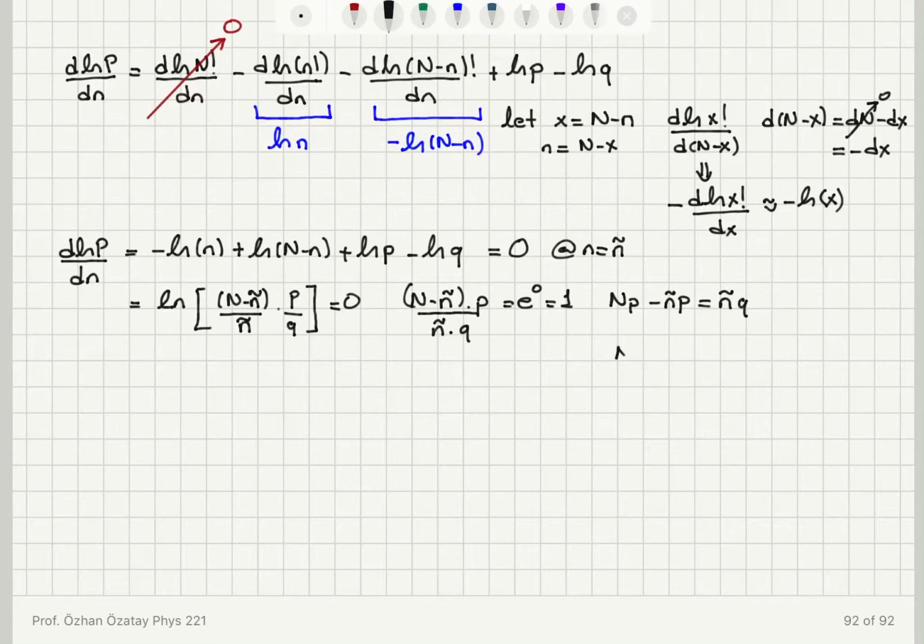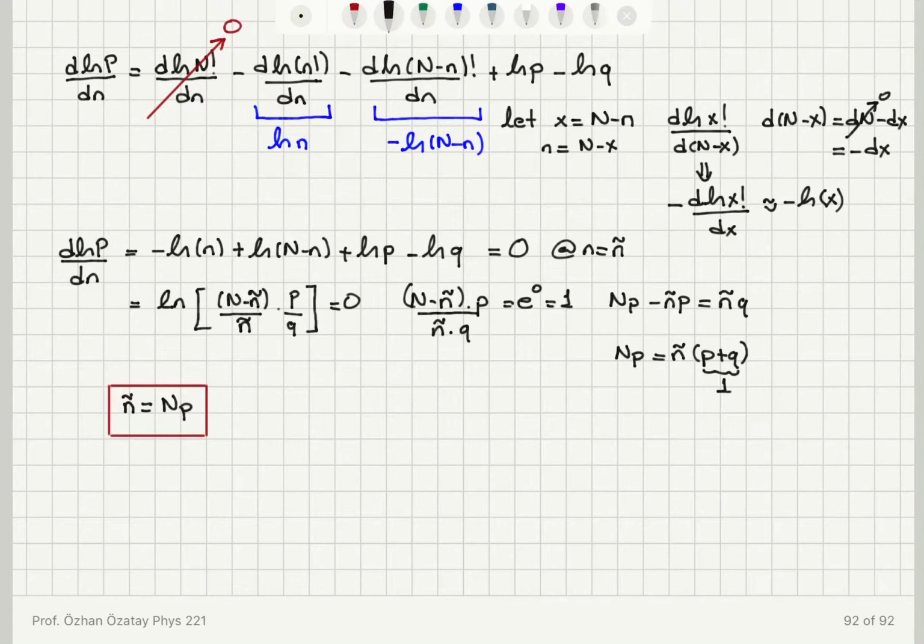Therefore, I will have Np equals n tilde parentheses p plus q. We know that p and q represent two possible outcome probabilities, so therefore they add up to 1. So I find that n tilde must be capital N times p. So this is the point, if you remember, that is actually the mean value. It is the point where I obtain a maximum in the binomial distribution.